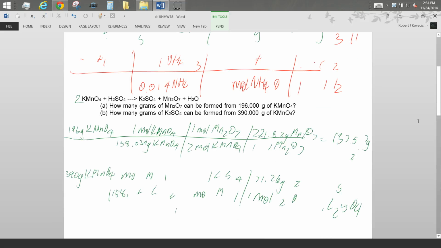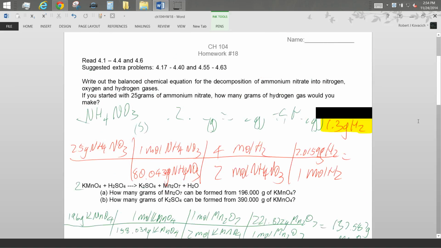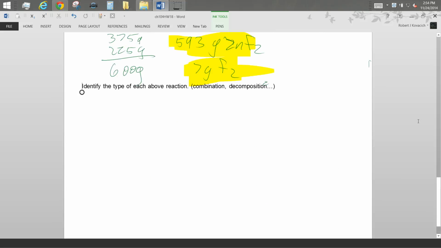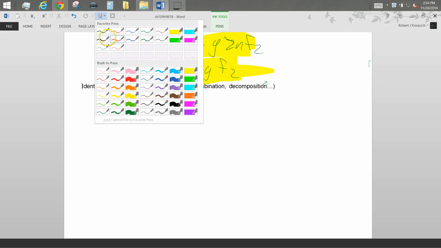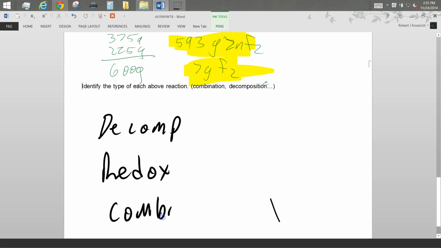This one is a redox reaction. And this one is a decomposition reaction. So decomposition, redox, and combination reaction for those 3.